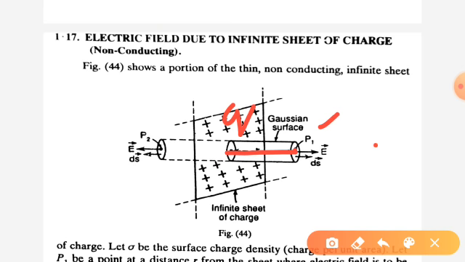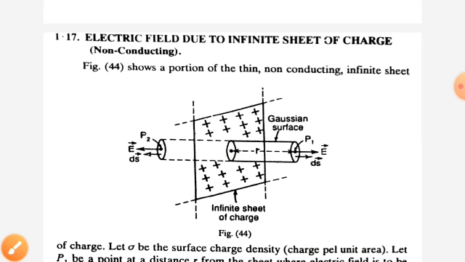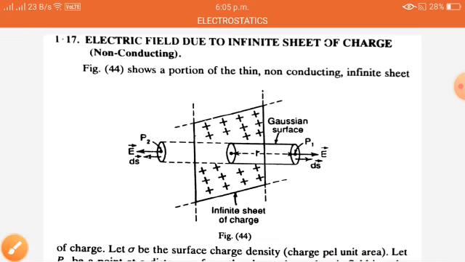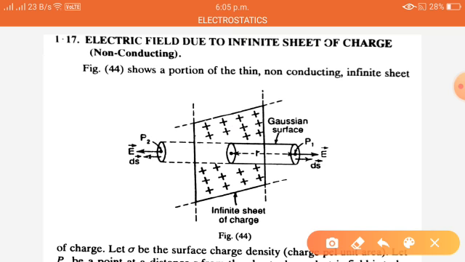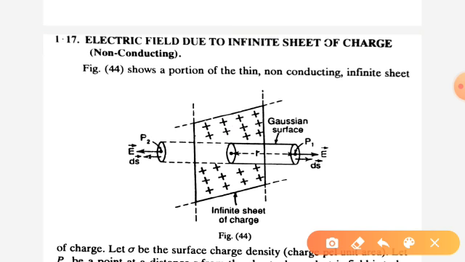For that, we construct a Gaussian surface, a cylinder of height 2R and radius R.